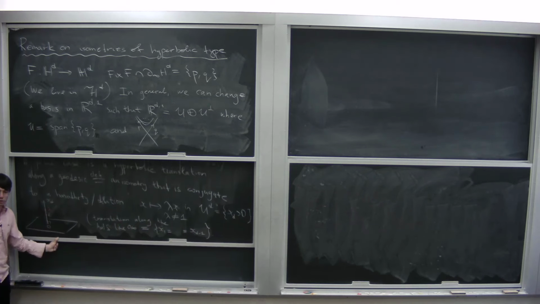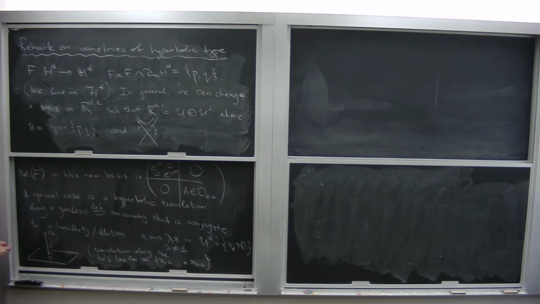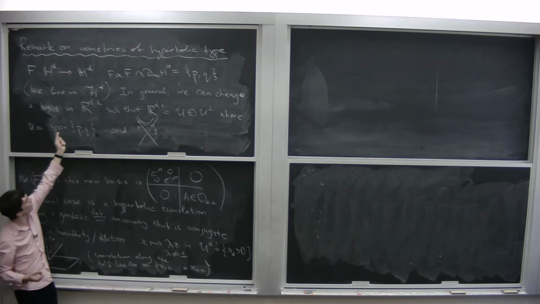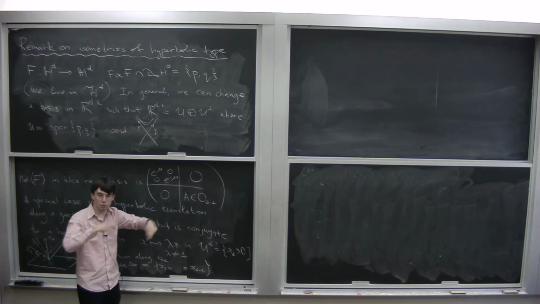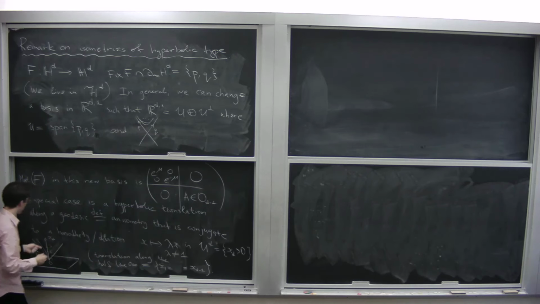So hyperbolic translations are quite specific. The orbits of hyperbolic translations are simply rays in the upper half space model. If I start with x, then I get lambda x, lambda squared x, and so on. But generally, a hyperbolic isometry allows some rotation around this axis, so the orbit can be quite wild.